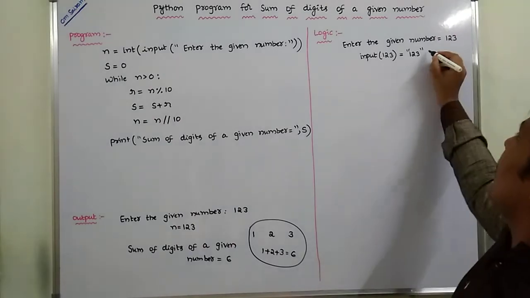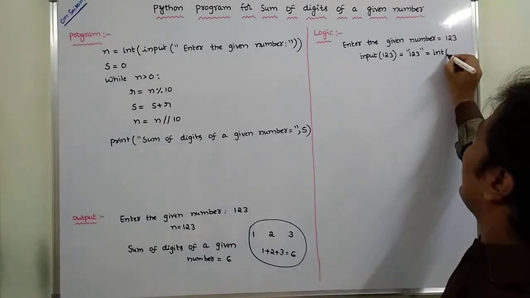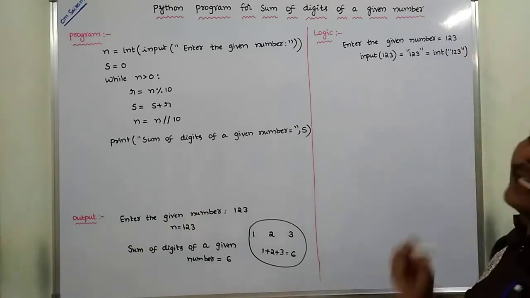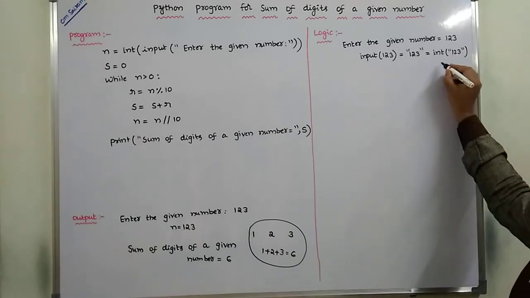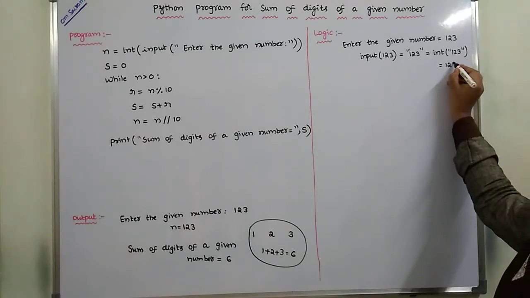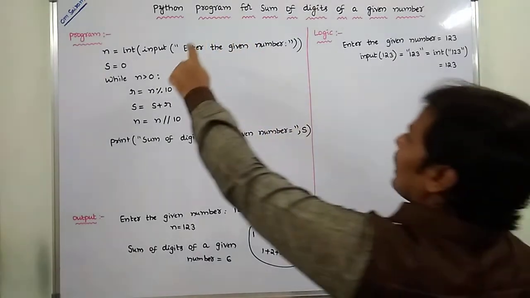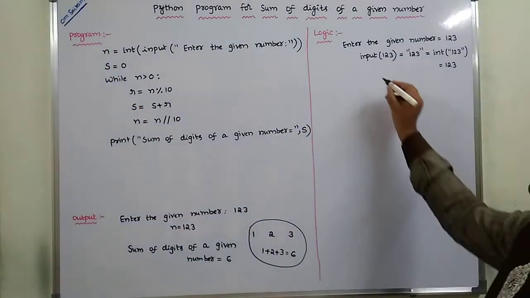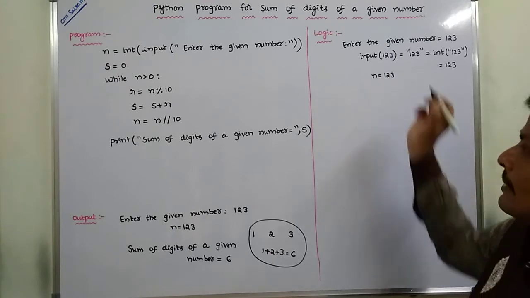Now this string input can be typecasted by using the int function. The typecasting int function converts the given string value into an integer. So now we are getting 123. This 123 can be assigned to the variable n. So now n is equal to 123.